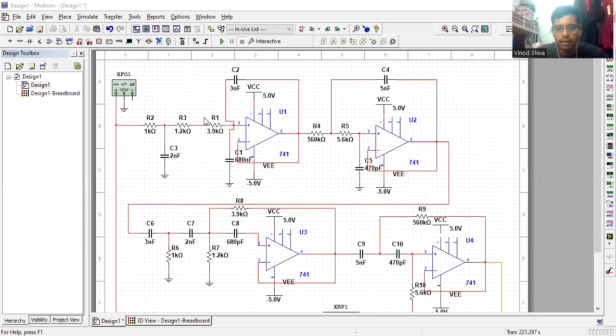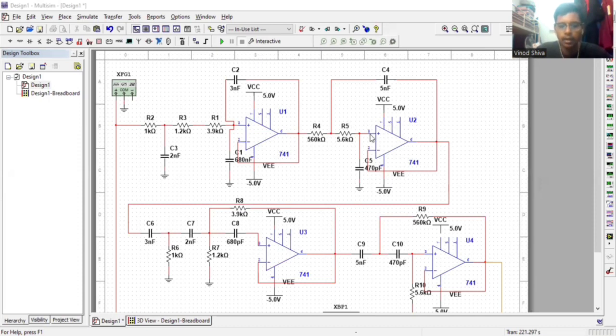So the circuit constructed over here is an active bandpass filter designed using four operational amplifiers, resistors, and capacitors. The circuit uses the 741 operational amplifier, a commonly used general purpose operational amplifier.